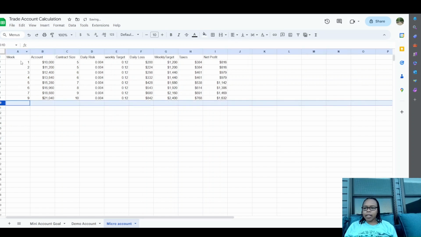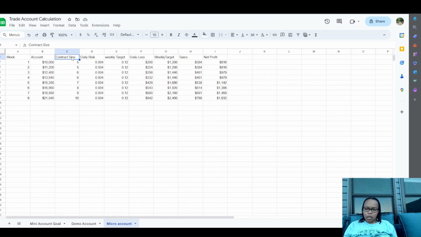So it would take me approximately 9 weeks, give or take, to get to this much. And the net profit for the week would be that. That's 9 weeks. Every week is not going to be a winner, obviously, but at the 10th week, once we get to this, is when I start to trade 1 mini.